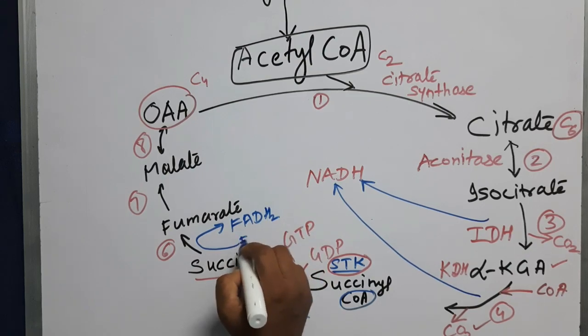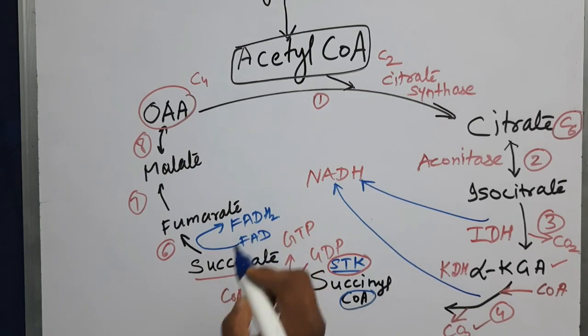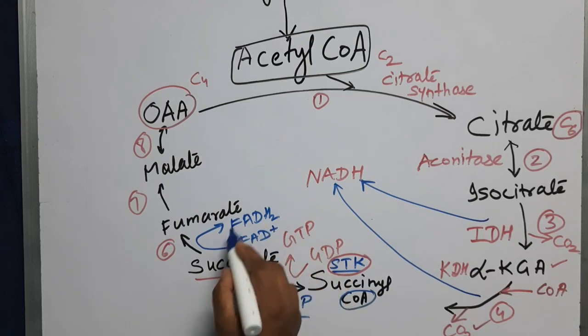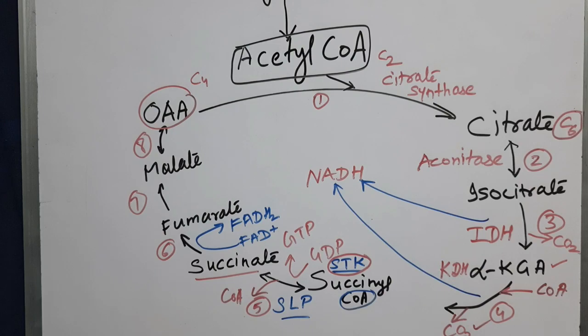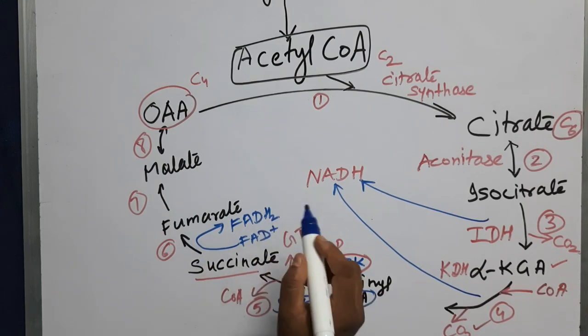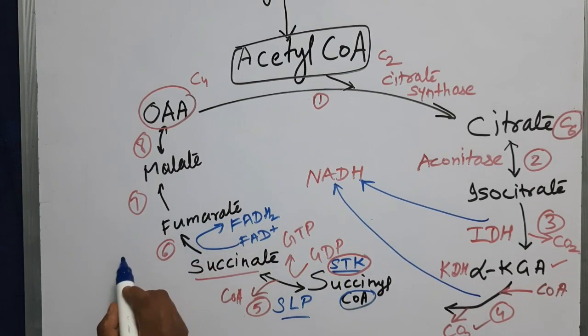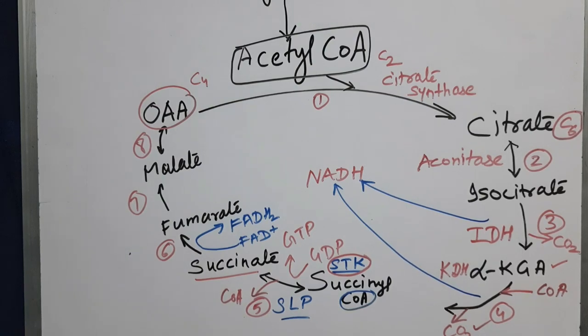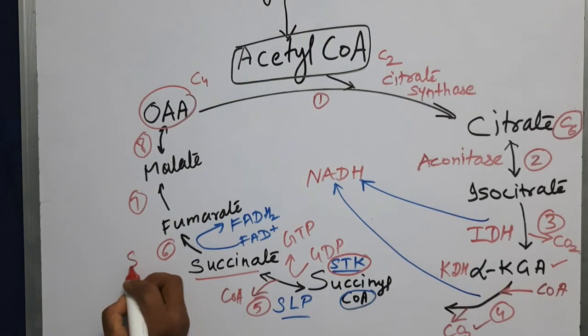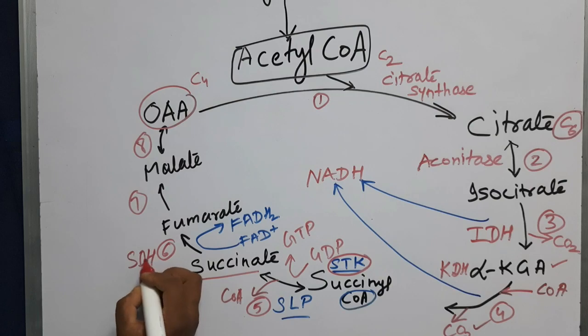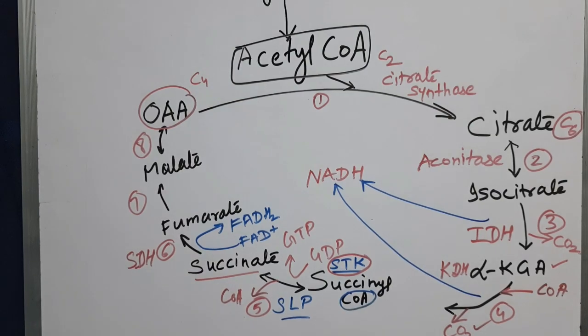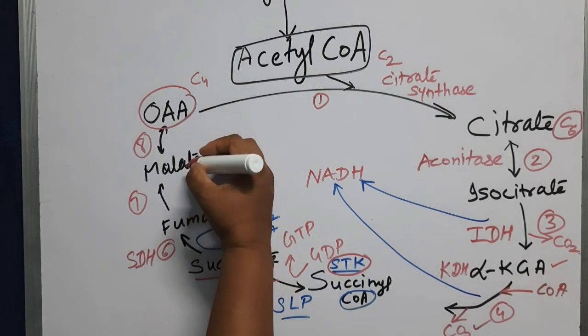Here FAD plus is reduced to FADH2 when succinate becomes fumarate. This is done by an important enzyme called succinate dehydrogenase.